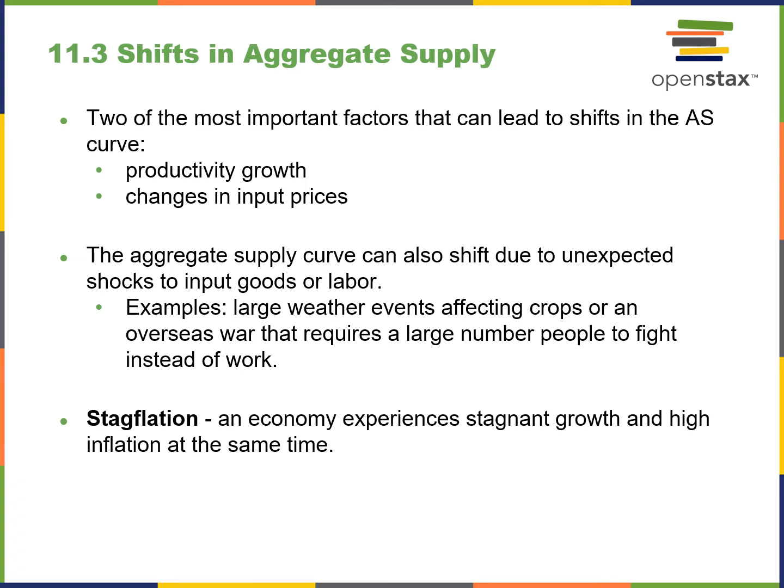So there may be some black swan event that eliminates a good needed to produce some other good, or labor going on strike as an example. Large weather events is an example they want to use. War requires a large number of people to fight instead of work. So these are things that can take away from normal shifts in the aggregate supply.